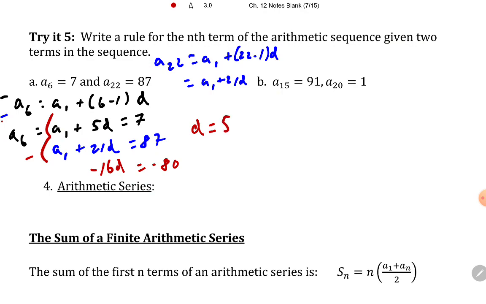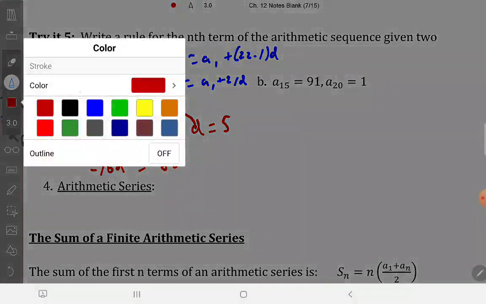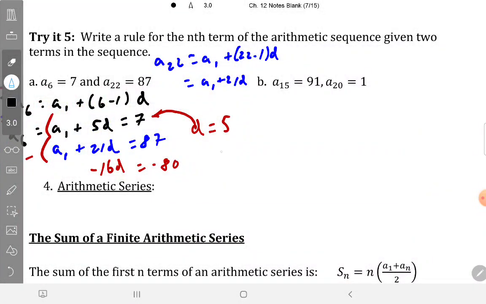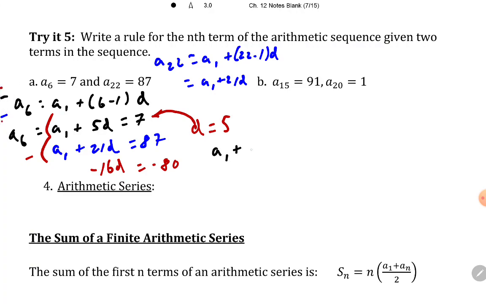Okay, so now that I know what d is, I can find a1. I'm going to go ahead and plug it into this equation. So a1 plus 5 times 5 equals 7. A sub 1 plus 25 equals 7.